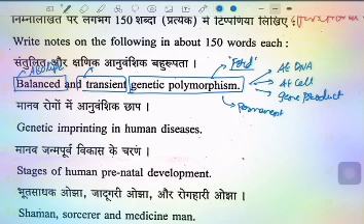A very good example for transient polymorphism is industrial melanism. Again, for balanced polymorphism, we can even talk about the example of sickle cell anemia and also certain lactose non-consumption studies done with respect to the North American population. So it's again a straightforward question that can be answered.